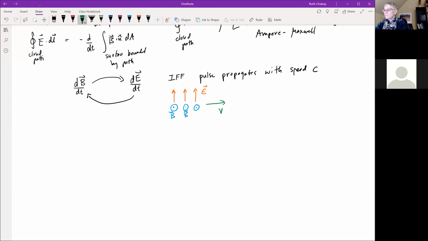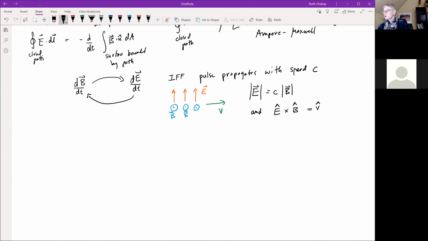The conditions for this working were that the magnitude of the electric field had to be c times the magnitude of the magnetic field in this region, and the relationship between directions was given by: if we take the cross product of the direction of E and the direction of B, we get the direction of v.